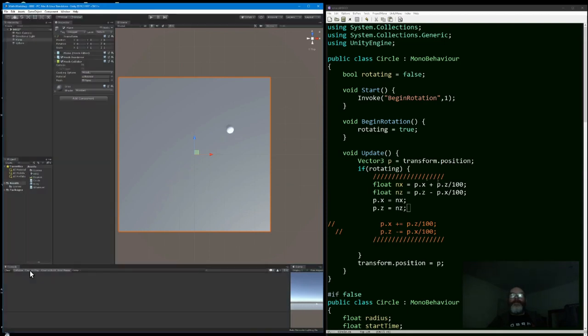Okay, I'm going to make that circle a lot faster. So this is in effect changing the angle. I'm making the angle bigger, right, for each step.